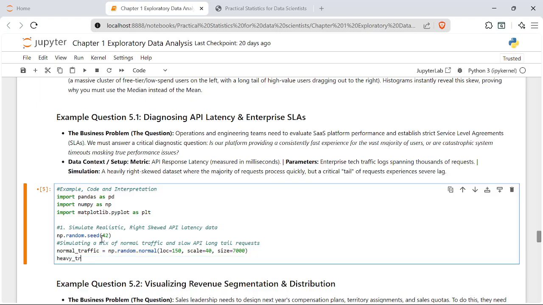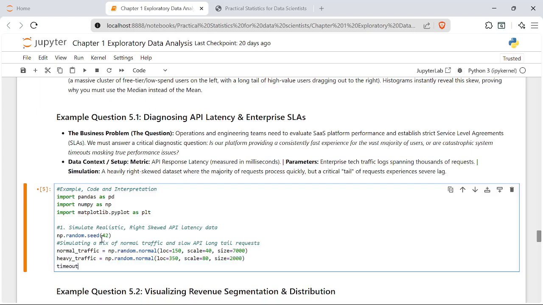Heavy traffic equals np.random.normal, loc 350, scale equals 80, size equals 2000.